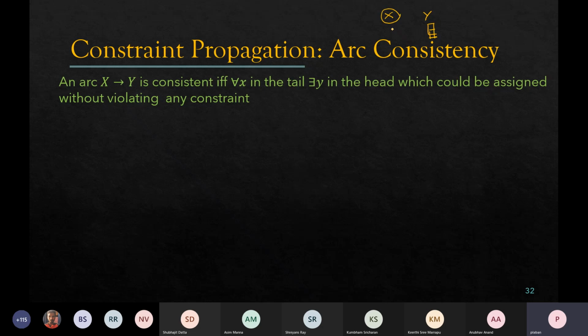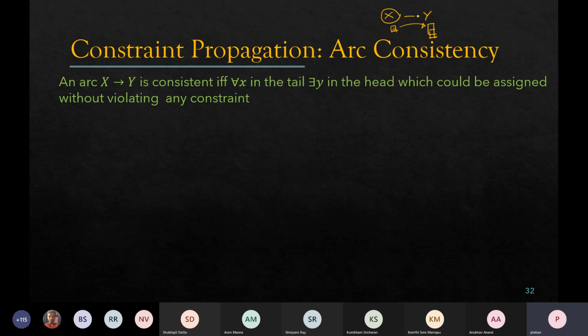For that, we take individual values that are possible instantiations for X, and for all of them, we try to see whether there exists at least one value in Y that goes well with this assignment. That means it does not violate any constraint.